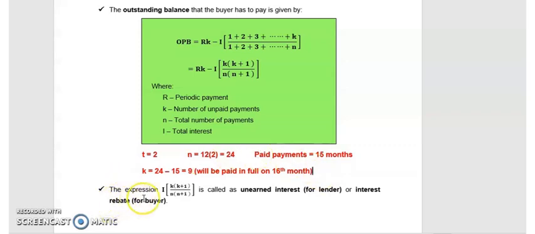So look at here, the expression I, interest, multiplied by this term is called unearned interest for the lender or for the seller, or interest rebate for the buyer or the customer. So this amount, we call it rebate for customer, and also this amount we call it unearned interest but for the seller. Okay, after this we will look at an example on how to calculate rule of 78.